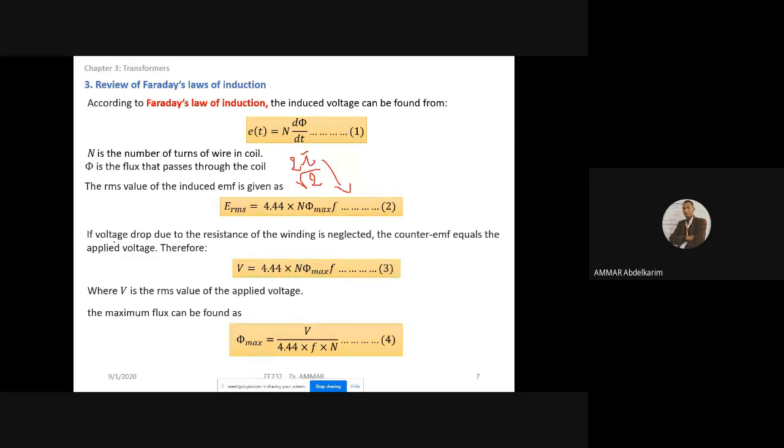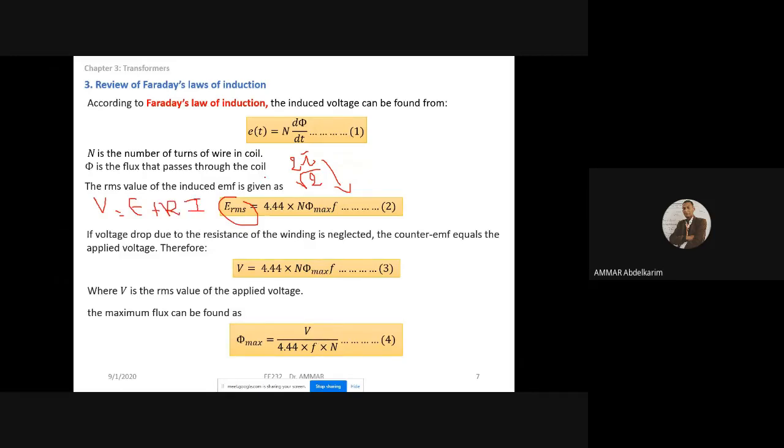This is an EMF and this is a voltage, and the difference between them we are going to see, inshallah, in the difference between real and ideal transformer. But if we consider the voltage drop due to the resistance, because the winding of the transformer has a resistance, then the voltage equals the EMF plus that voltage drop, which is Ri.